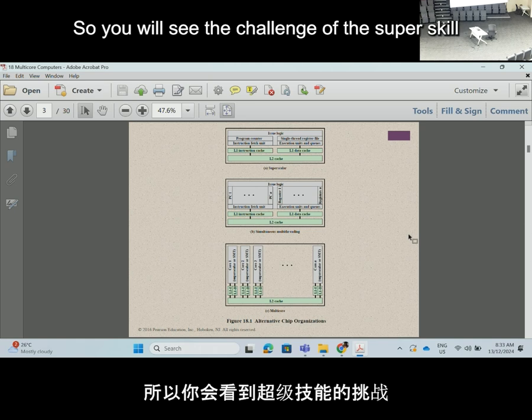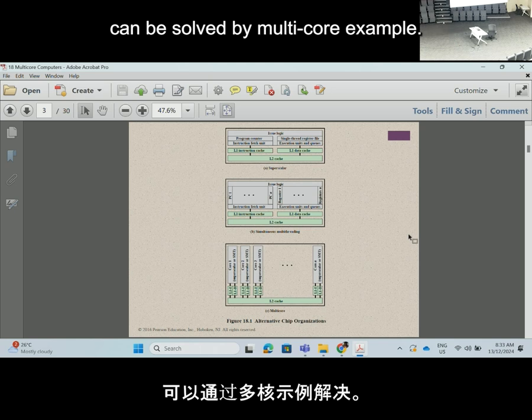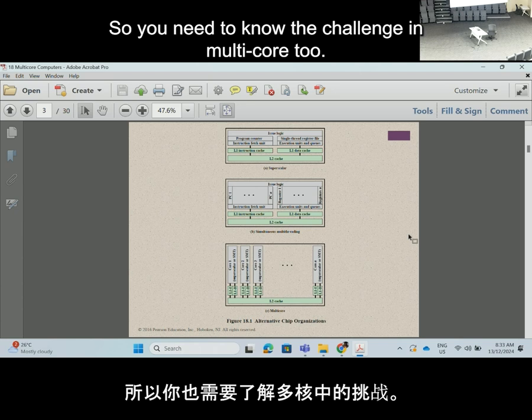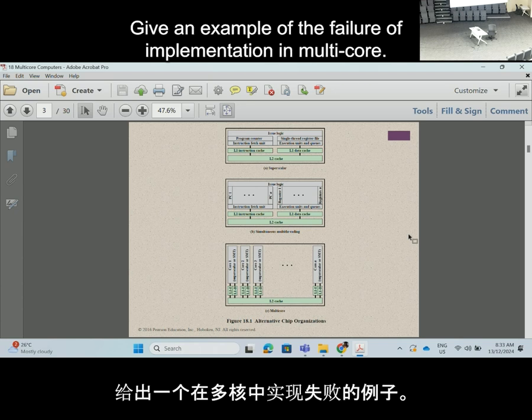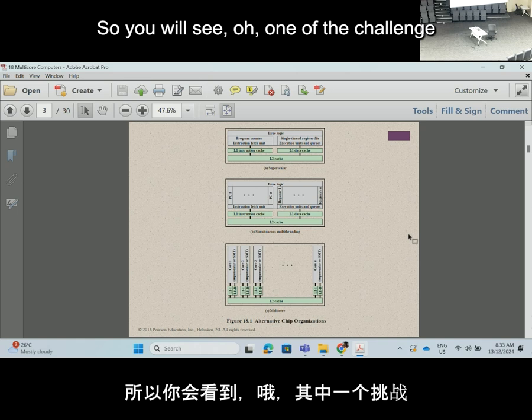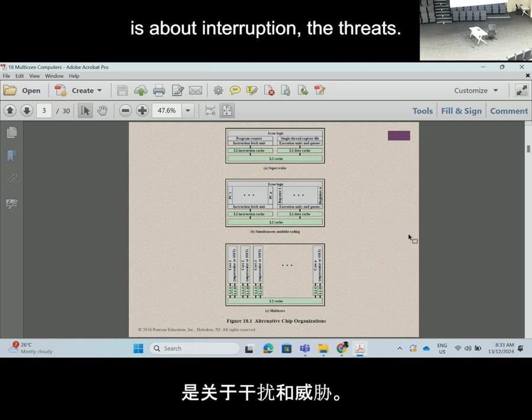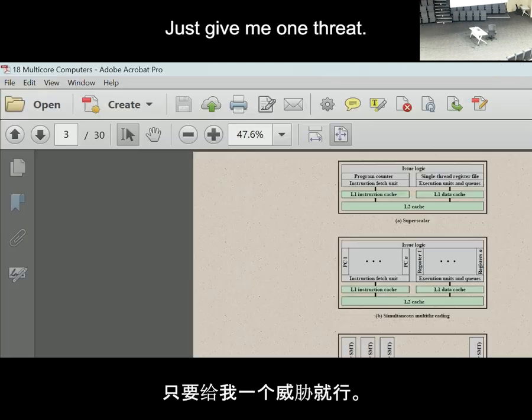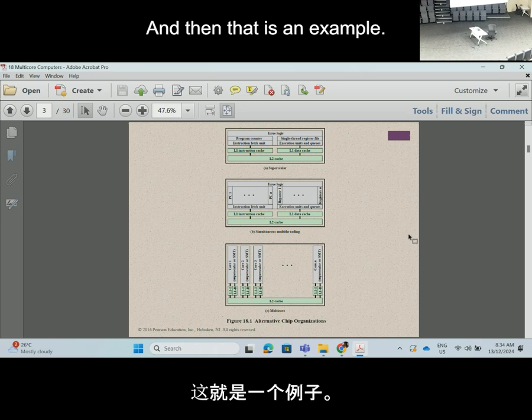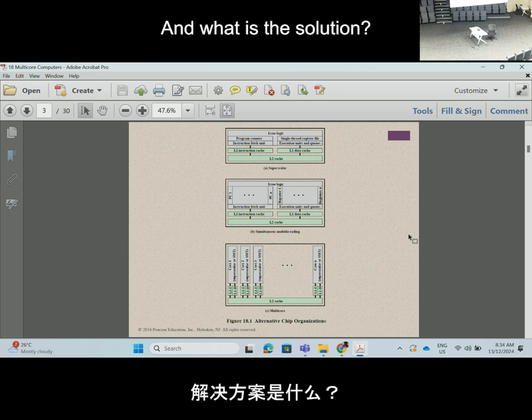So you will say the challenge of the superscalar can be solved by multi-core, for example. You need to know the challenge in multi-core too, giving an example of a failure of implementation in multi-core. So you will say, oh, one of the challenges is about interruption of the threads, just giving one thread. That is an example, and what is the solution?